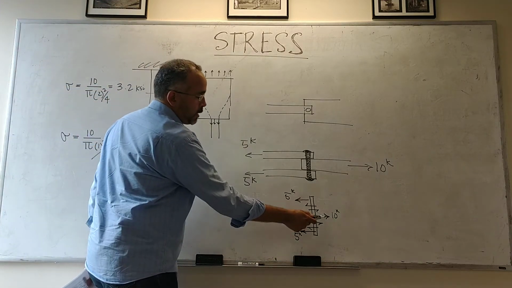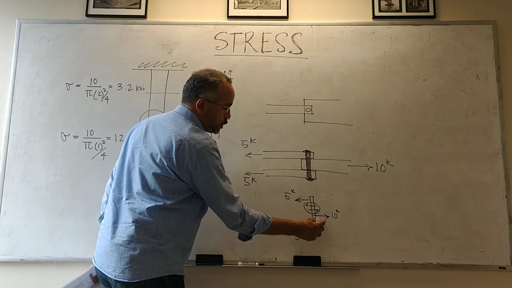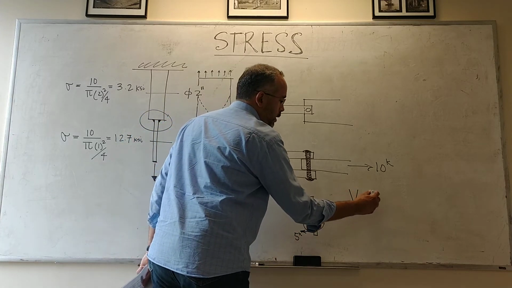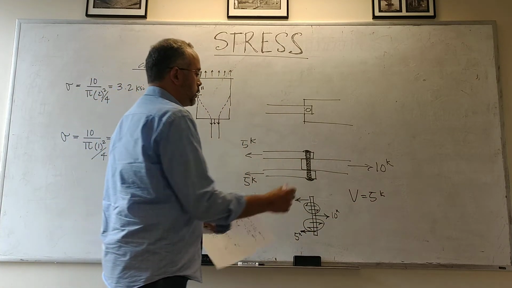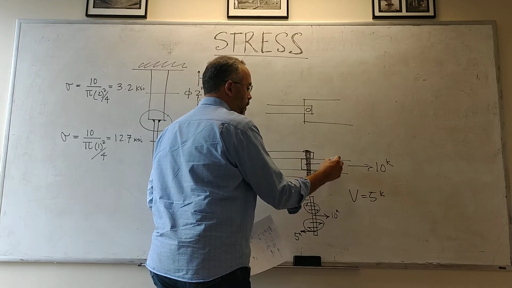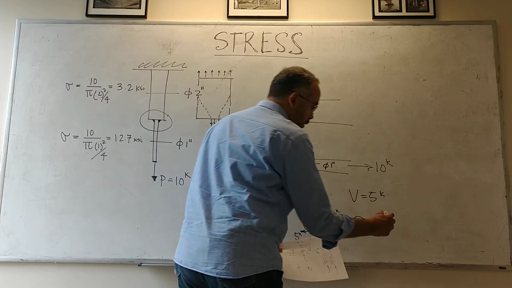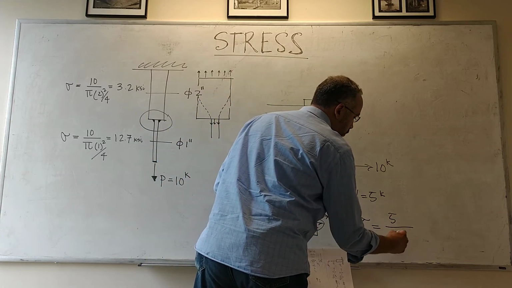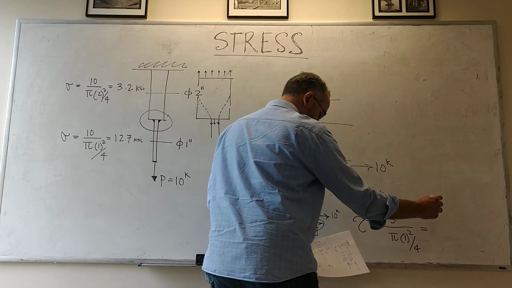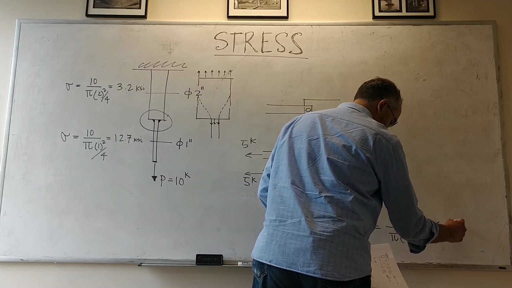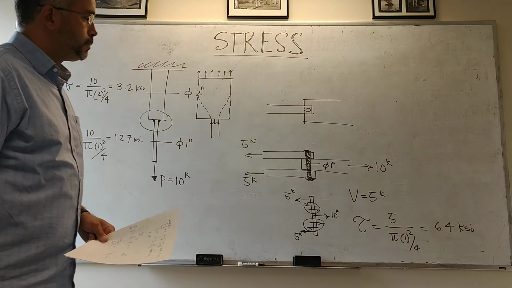So basically this 10 breaks up into two 5s, and that's the shear force you get there. So V is 5 kips, and let's say this bolt is 1 inch diameter. Then the shear stress becomes 5 divided by pi diameter squared divided by 4, which comes to approximately 6.4 ksi.